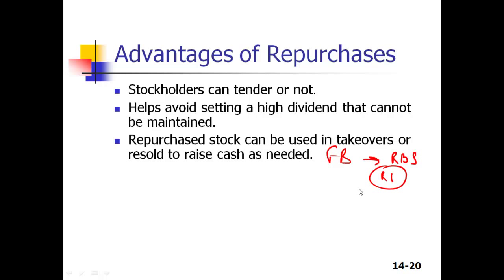This is called a cash transaction. Another transaction can be where Faisal Bank says that for every share of RBS, we will give you Faisal Bank shares. So, for example, for one RBS share, we will give you one Faisal Bank share, just as an example. Okay, now where do these shares come from? They don't just pop out of nowhere, right?